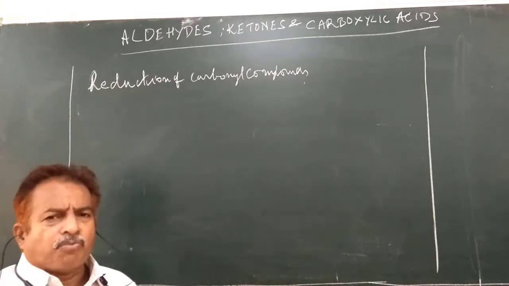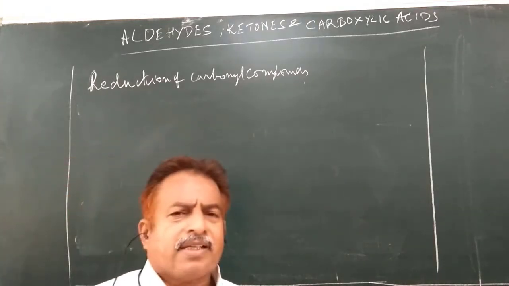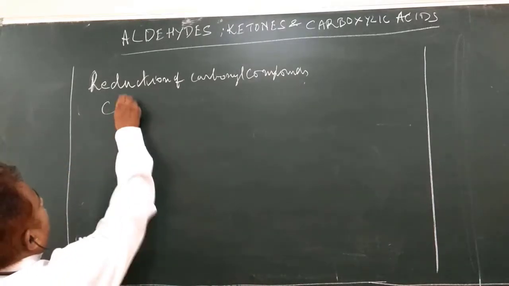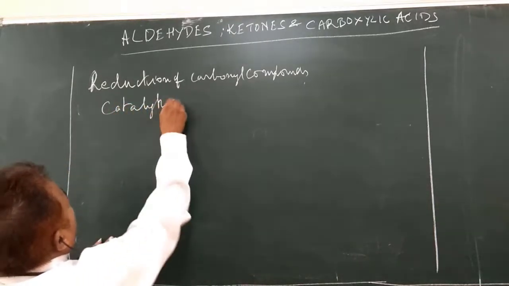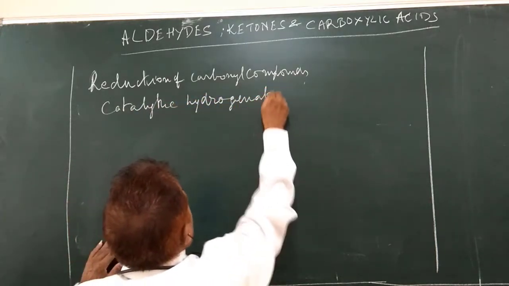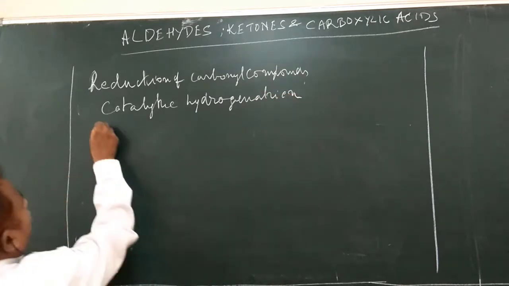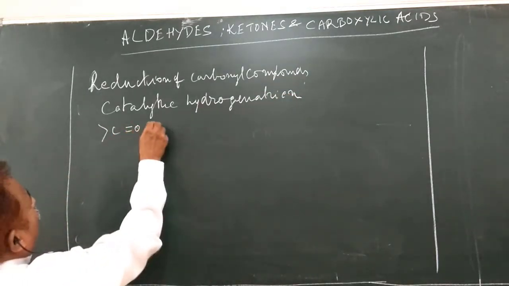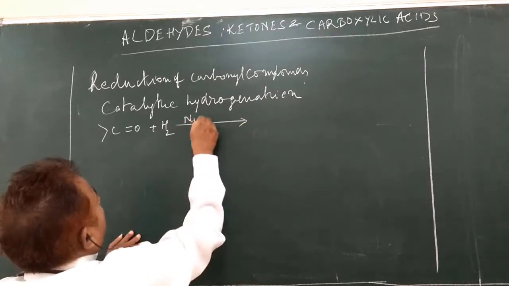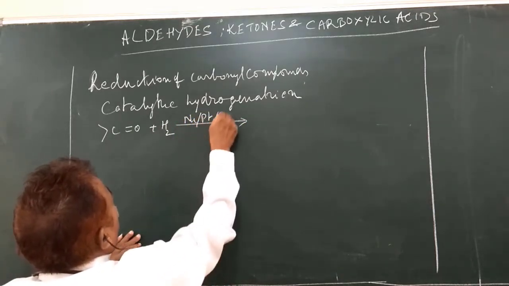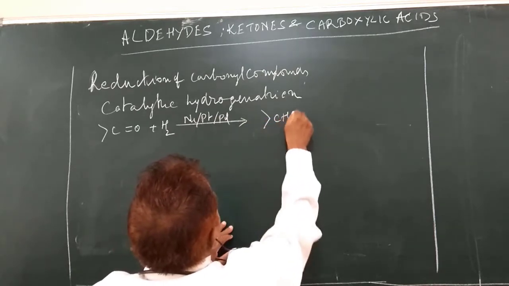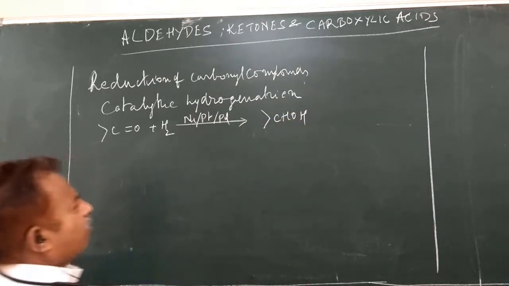Reduction of carbonyl compounds by catalytic hydrogenation. Say C double bond O plus H2 in the presence of nickel, platinum or palladium, we get CHOH, alcohol.